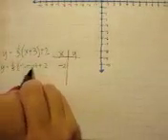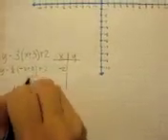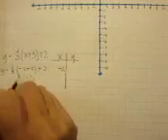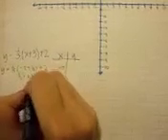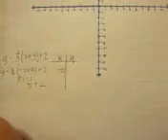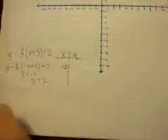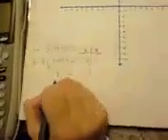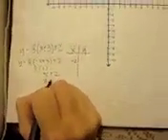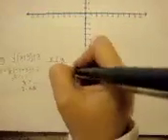And then negative 2 plus 3 is 1, times 1/3 equals 1/3, plus 2. If I plug that into my calculator, 1/3 plus 2 is going to be 2.33. So it's 2.33.